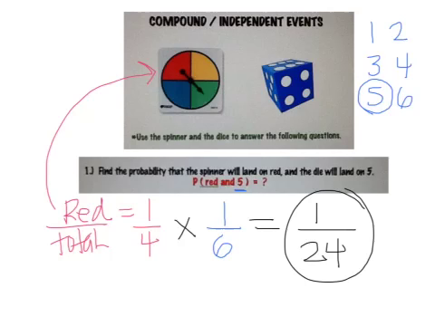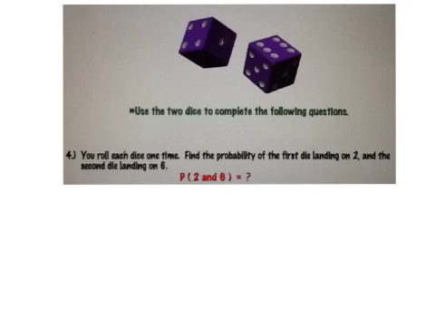I am now going to skip number 2 and 3. So on your notes paper that you're writing on right now, we're going to go ahead and go on to number 4. Problem number 4 says we are going to use 2 dice to complete the following questions. So on this page, I have 2 separate dice up here that I'm going to be rolling.